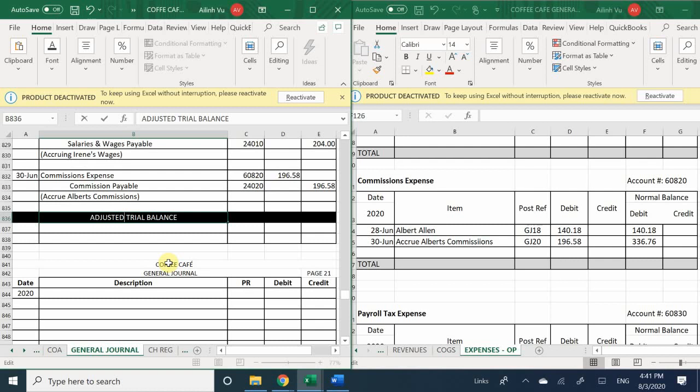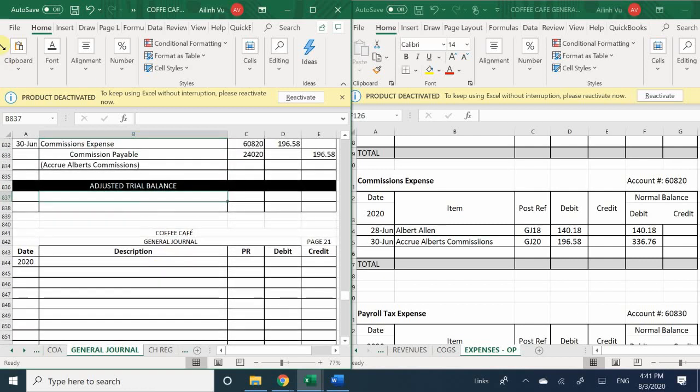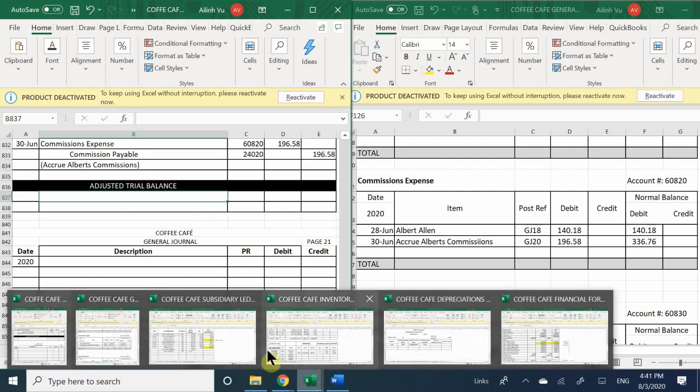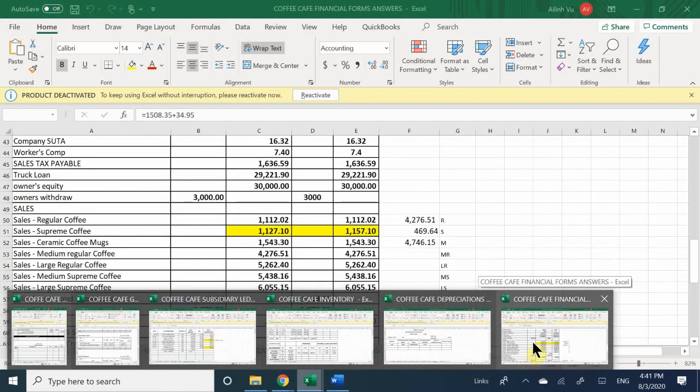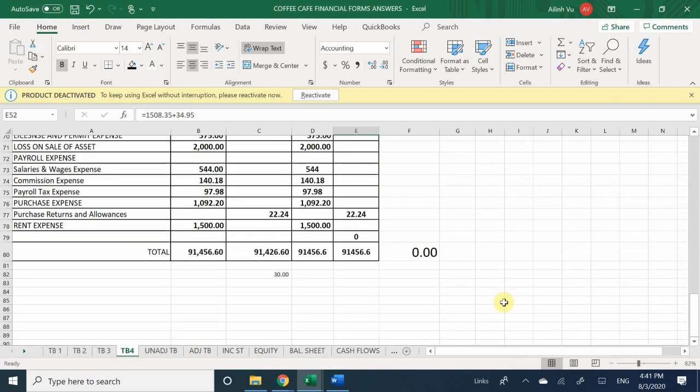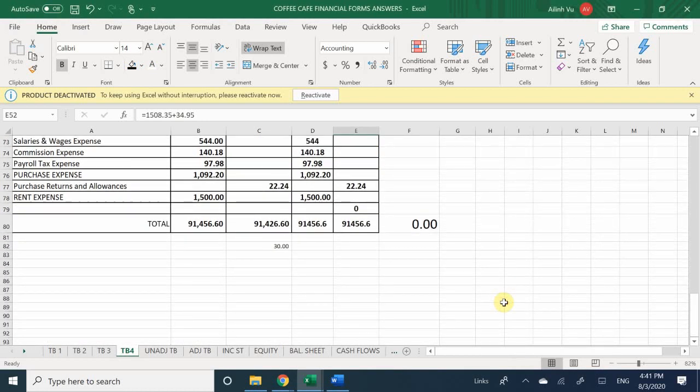So I want to tell you a secret here. Your adjusted trial balance should equal the same exact number of debits and credits as you solved for the unadjusted ones. So you should get $91,456.60 of both debit and credit.